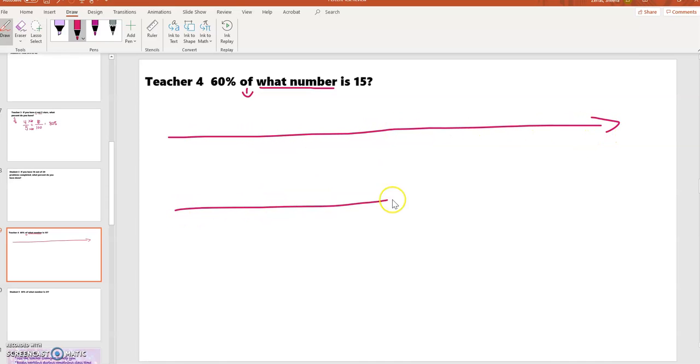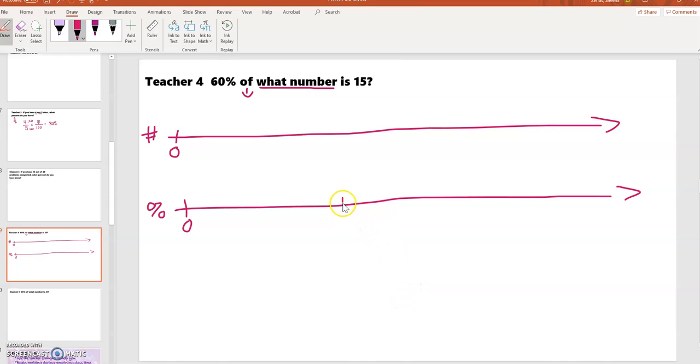When we make our double number line, make sure you have a label. And we typically put percent on the bottom, but it would be okay if you put it on top. And then we're going to use our second number line here to represent the actual number. Okay, based on the information we know, let's put our zeros in to start. 60% of what number is 15?